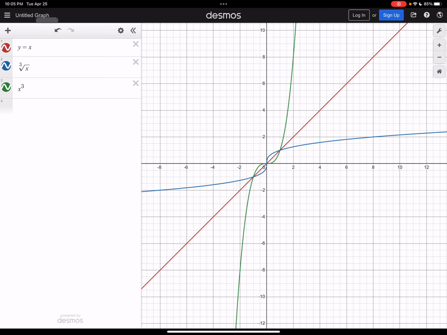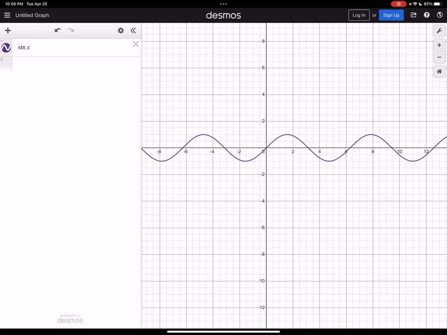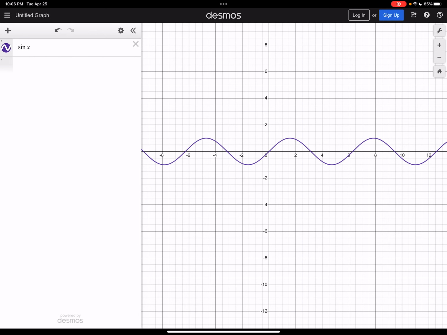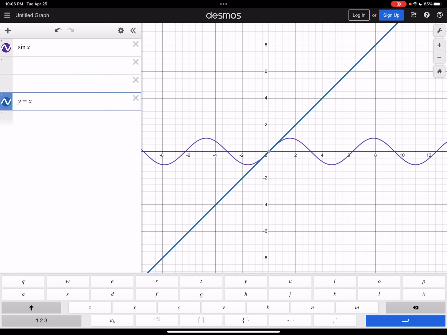And just one last thing before the video ends: if you look at sine x, this is the function you'll be talking about in pre-cal. This is a sinusoidal function. Flip that across the line y equals x. What does that look like? Well, there is actually a way to do sine inverse of x.